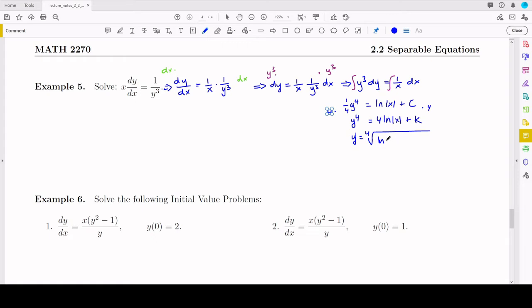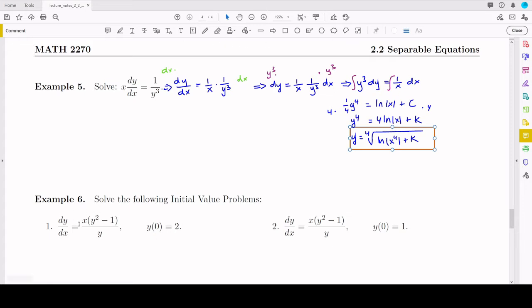Since it's an even power, I don't have to worry about it being positive or negative. So I get the fourth root of ln of x to the power 4 plus k. And that's my final answer. If I wanted to know what that value of k was, I would need an initial condition.